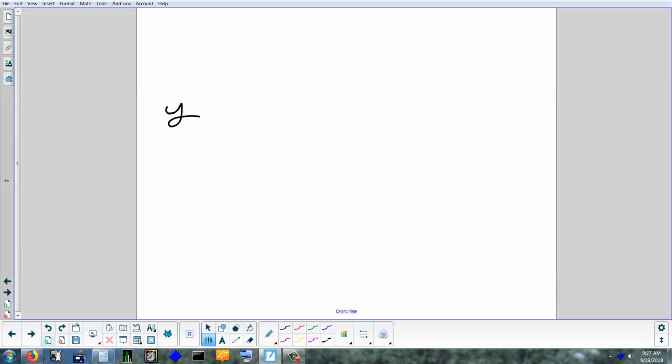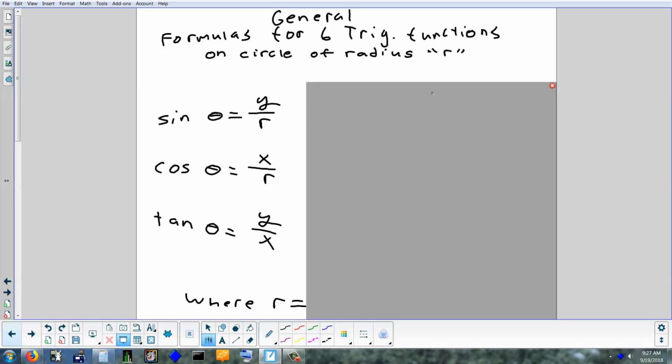Well, that's because if you change y to y over r and change x to x over r, what happens when you divide there? The r's just cancel out, and you're left with exactly what you started. So that's why tangent doesn't change.